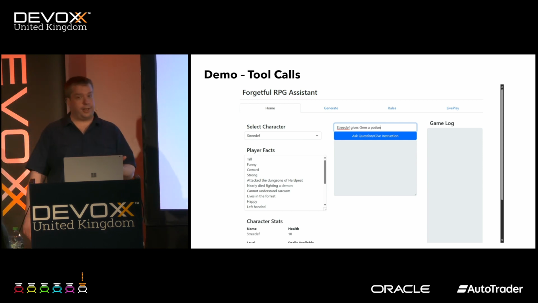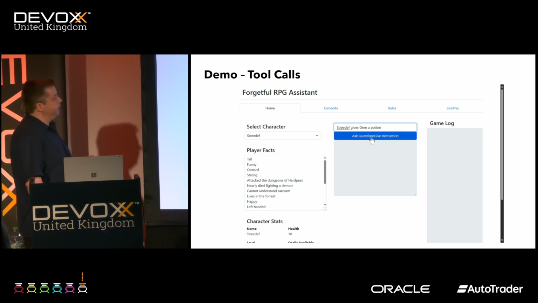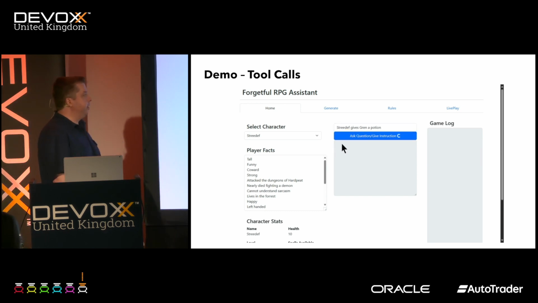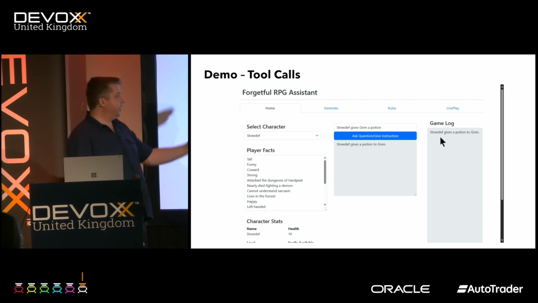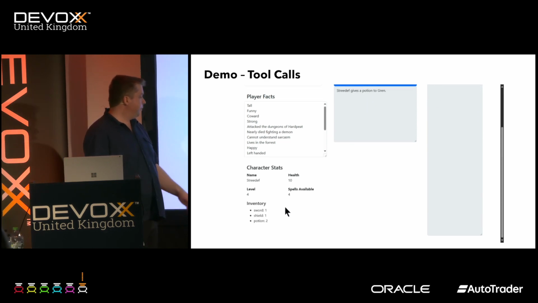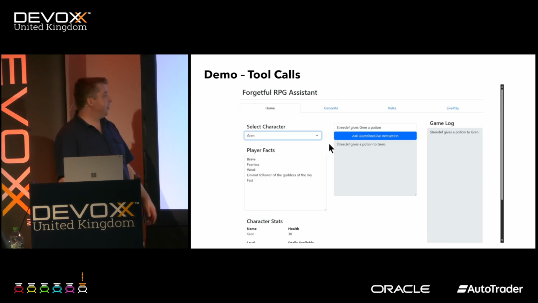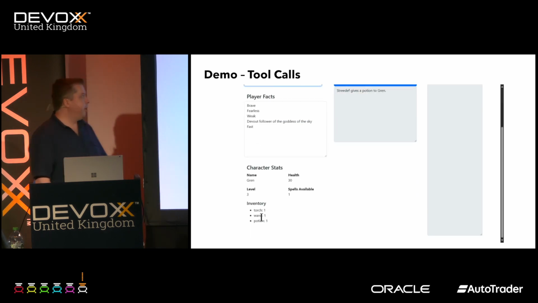So we've not actually implemented any explicit transferring item code path within our application, but it's gone off and logged it. The character's lost a potion, it's down to 2, and our other character has now gone up to 1.